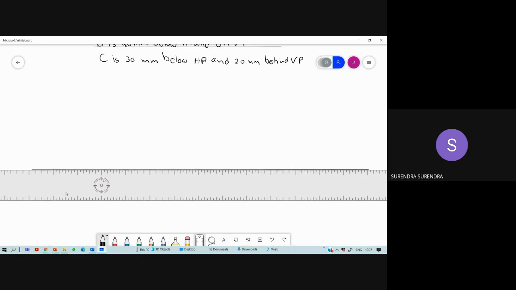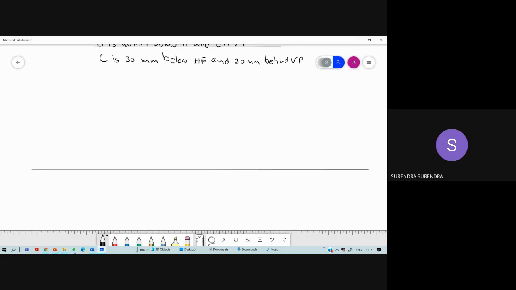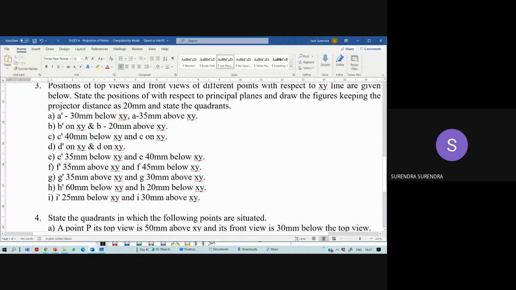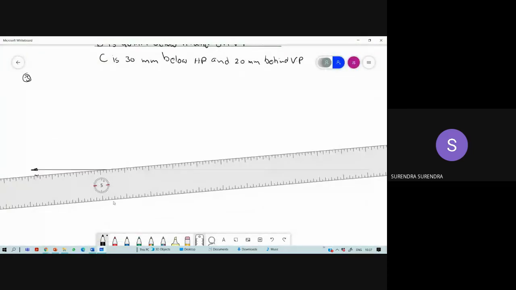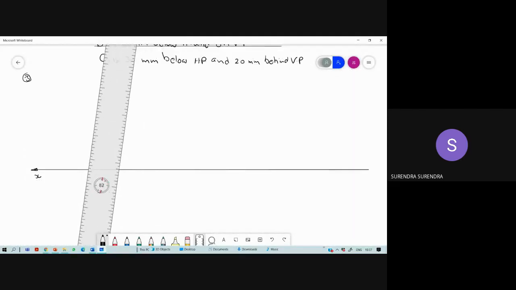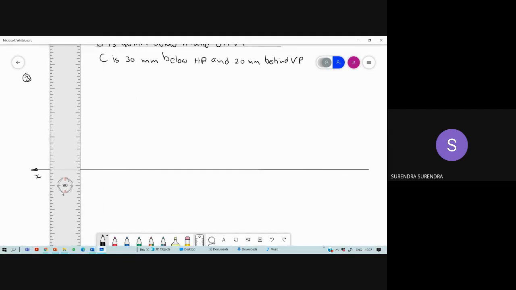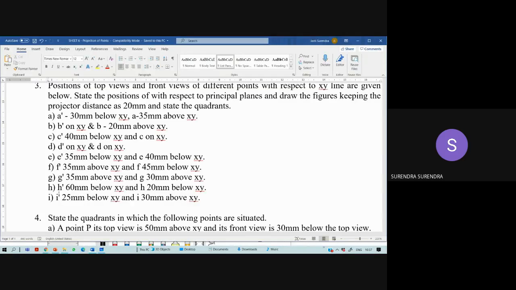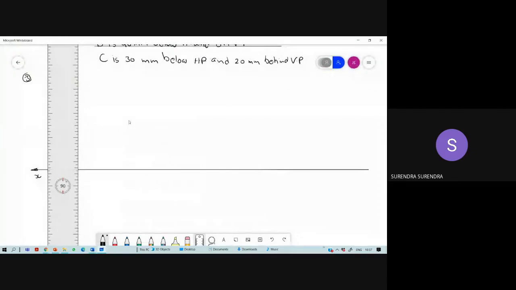So first draw the XY line. As this is problem 3, I'm indicating it here. A dash is 30 mm below XY and A is 35 mm above XY.